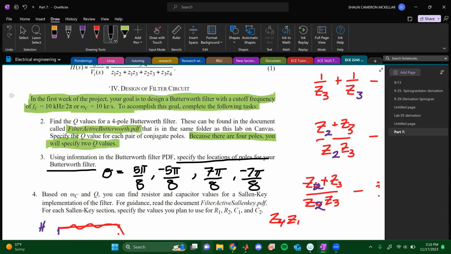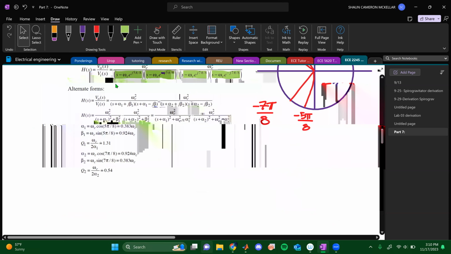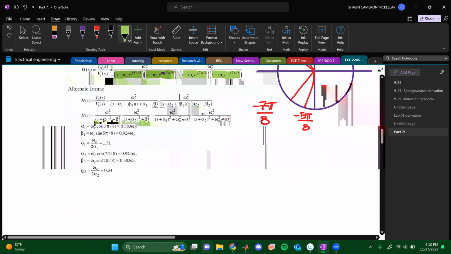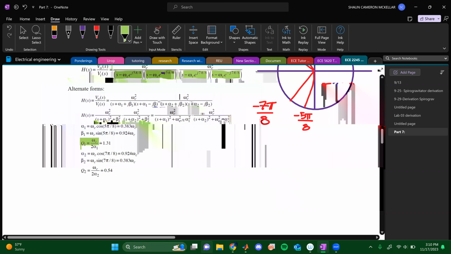It also asks us to specify the Q values in part 2. So let's go and find out what those are. Here they are.